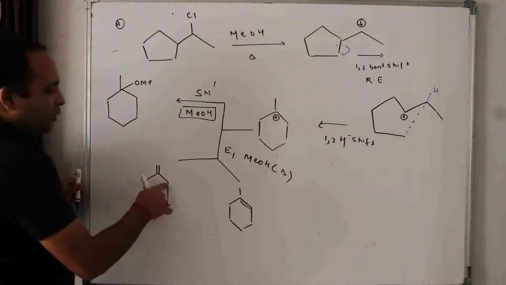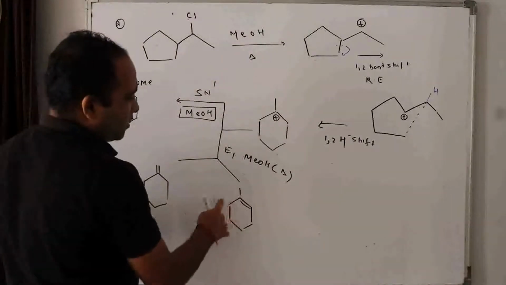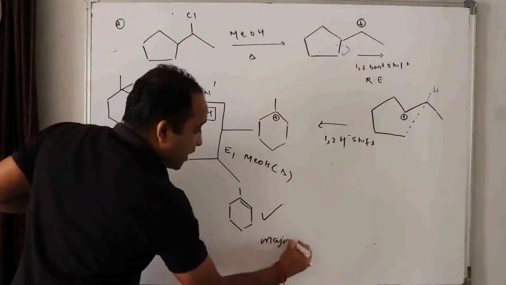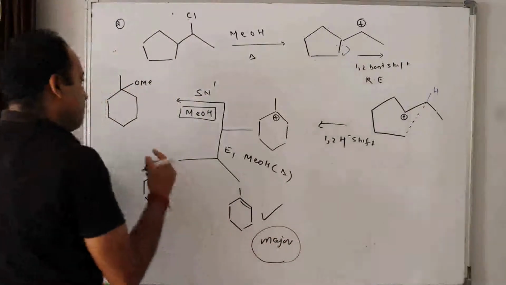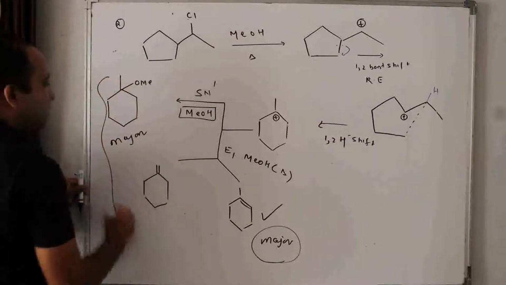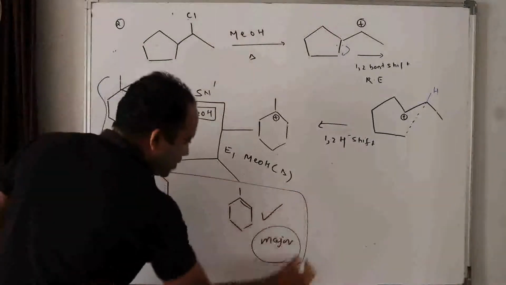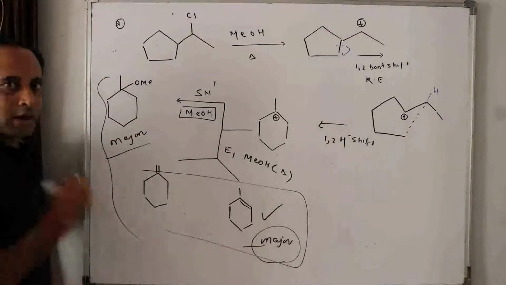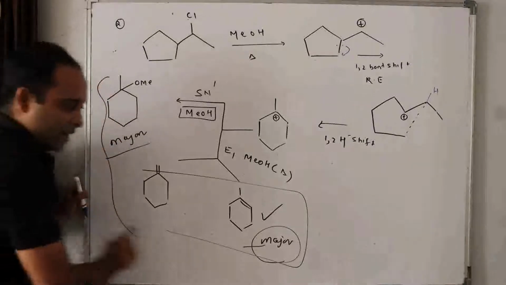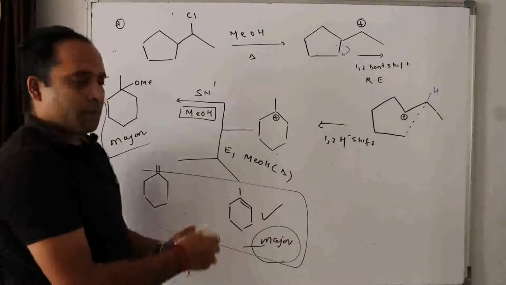Now here this has two substitution, whereas this has three substitution. This is more crowded and this will be the major in case of elimination. But normally this is major in the entire reaction. For elimination, this is major. Again, for the entire reaction, SN1 dominates, but for elimination, this major is found.